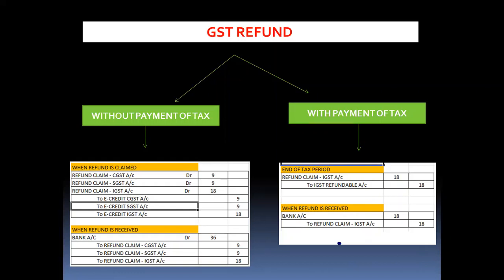And when the refund is actually received, the entry would be bank account debtor to refund claim CGST account, to refund claim SGST account, to refund claim IGST account.